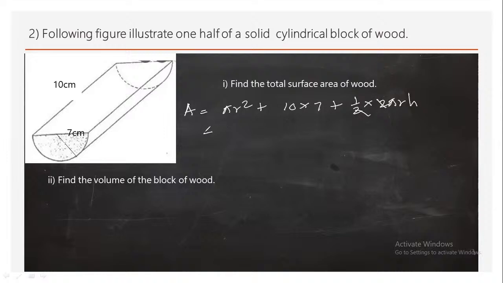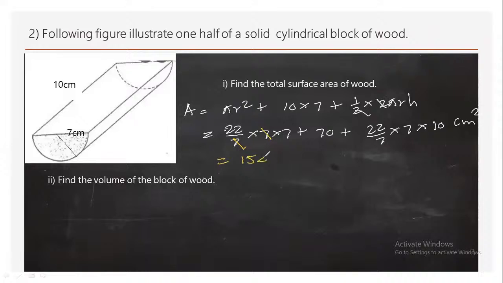Then you can substitute the values. 22 over 7 into radius 7 into 7, plus 10 times 7 is 70, plus half into 22 over 7 into radius 7 into height 10, square centimeter. Now find it. Cancel out this and this. 154 square centimeter plus 70 square centimeter plus 220 square centimeter.